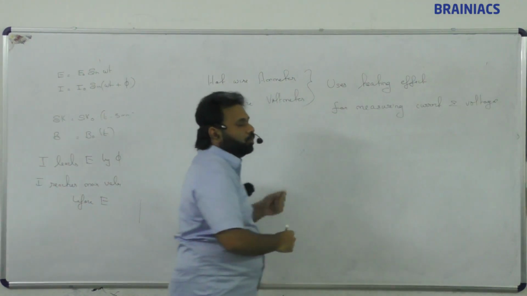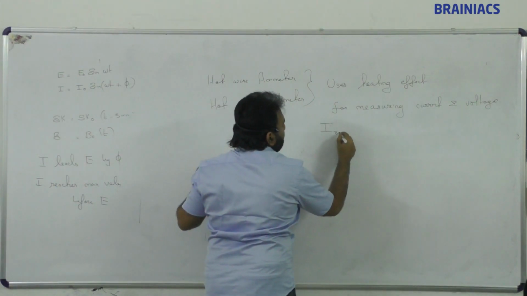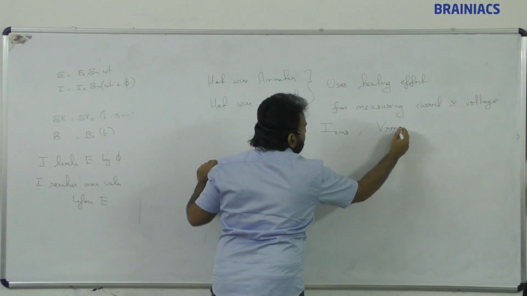Okay, so that current is nothing but IRMS, respective voltage is VRMS.